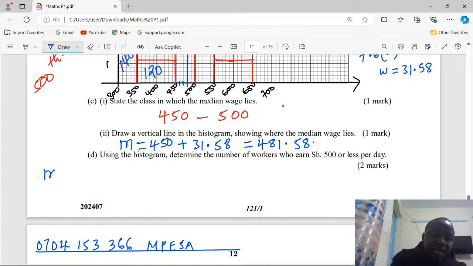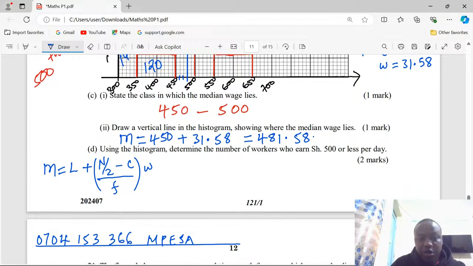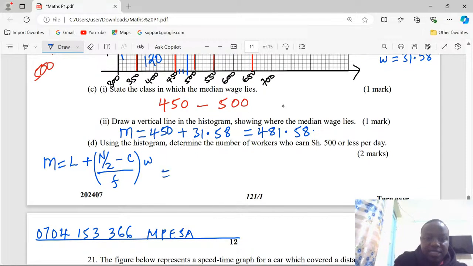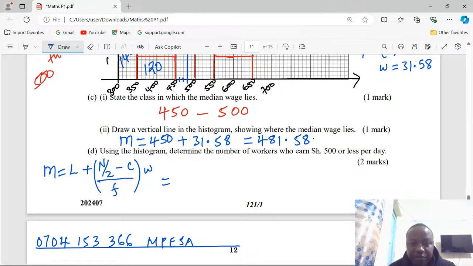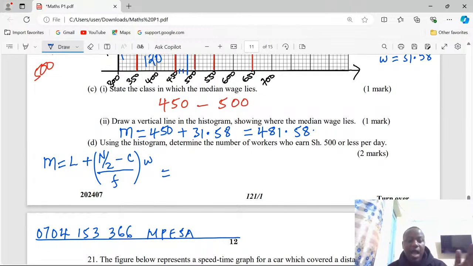That median is given by lower boundary plus total frequency over 2 minus cumulative frequency before, divided by frequency of the class, multiplied by the class width. Can we confirm that the same median from the histogram can also be gotten using the formula? The class is 450. And remember, this is continuous data, so whenever you have a boundary, it is also the limit.